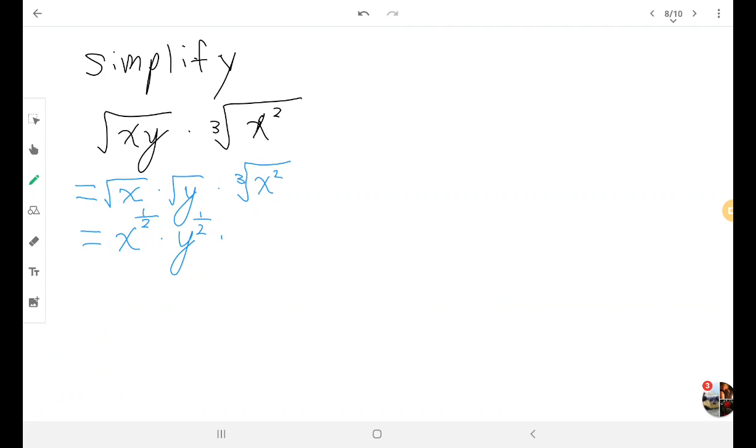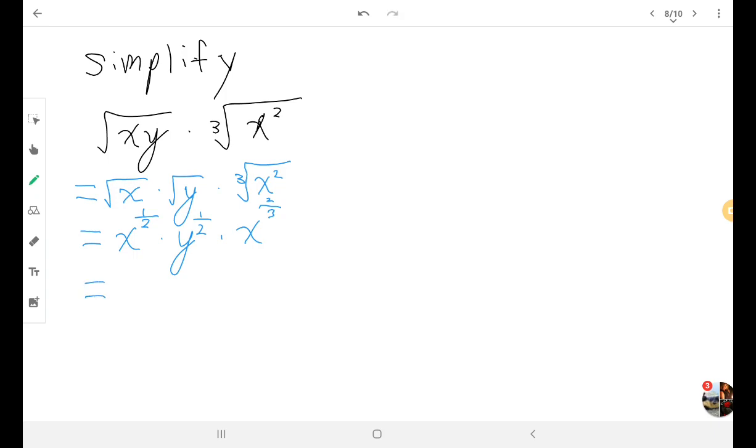And the cube root of x squared would become x to the 2/3 power. And that is because you take this and this and you make a fraction out of them where the power is the top of the fraction and the root is the bottom of the fraction. So that's how we get to the 2/3 power.